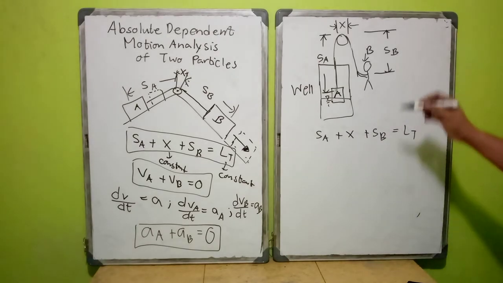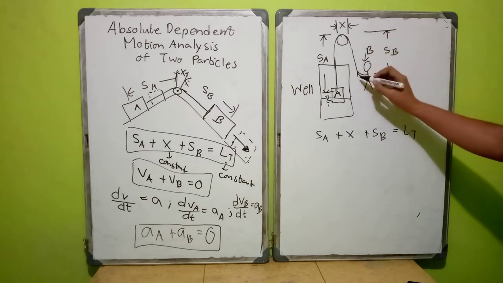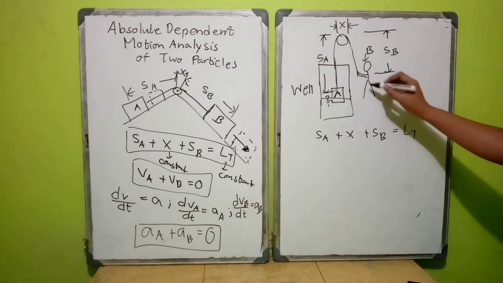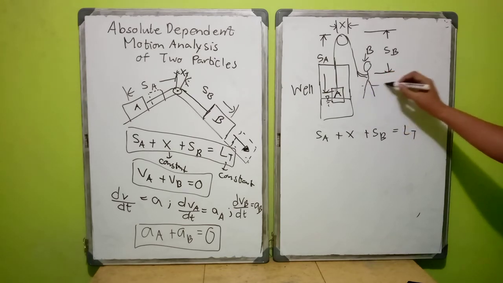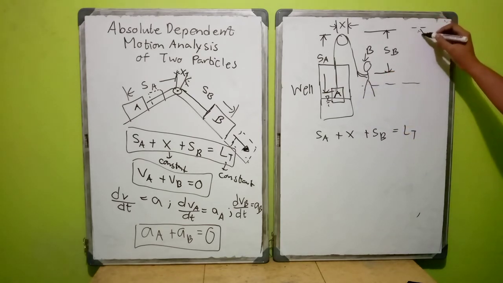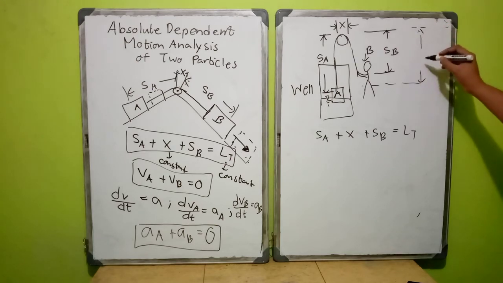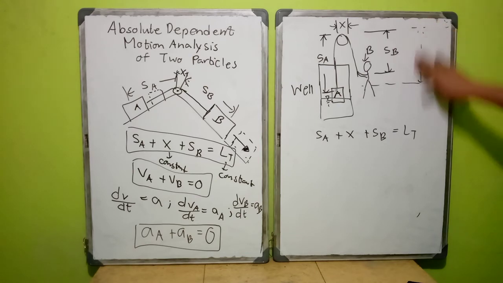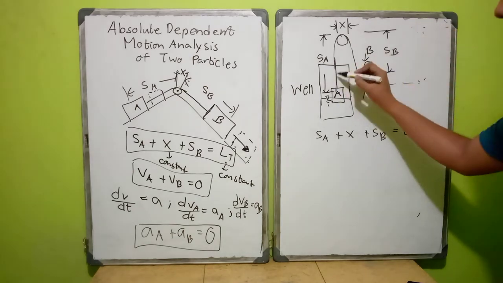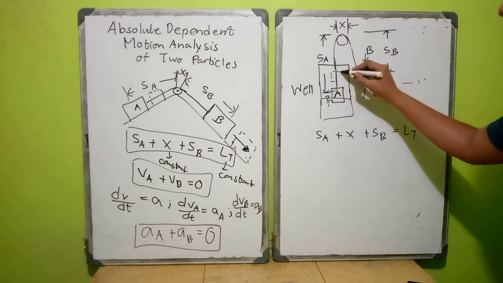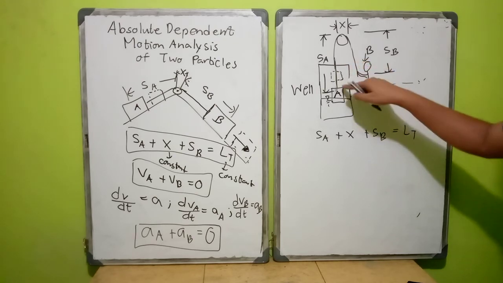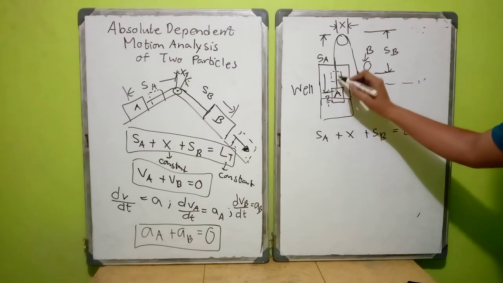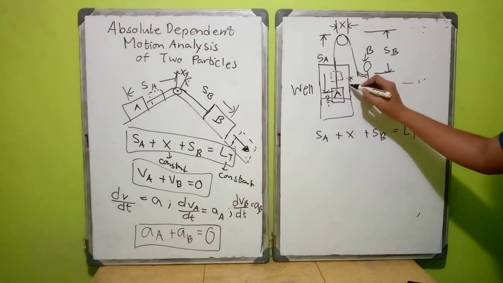As you pull downward, there will be a time in which your SB will increase and your SA will decrease, when your pail goes upward by a height of h.